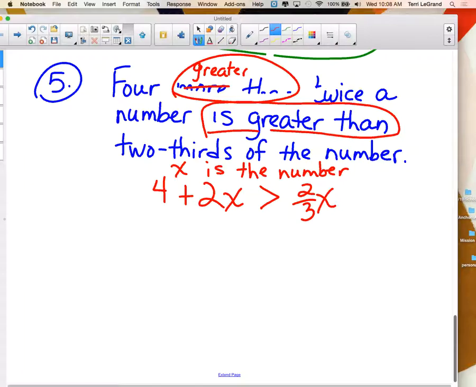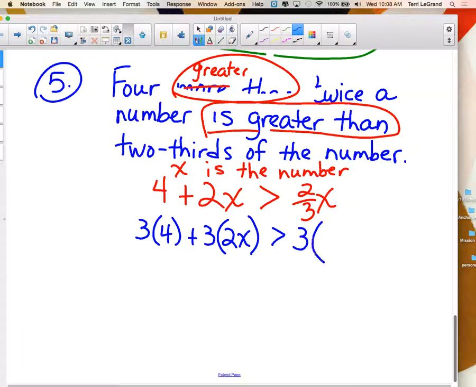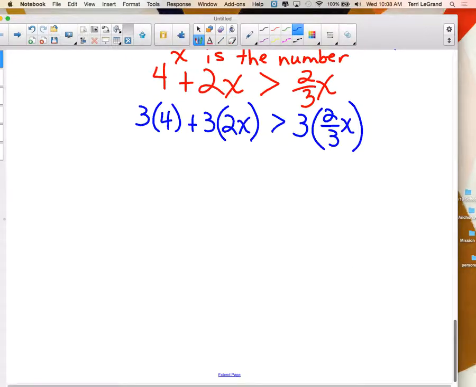Let's take every piece of this inequality times 3. So I'm putting the pieces of the inequality in parentheses, taking each piece times 3, because over here, when I put that 3 over 1 and make it into a fraction, I'm taking a fraction times a fraction, and what can I do with those 3's?